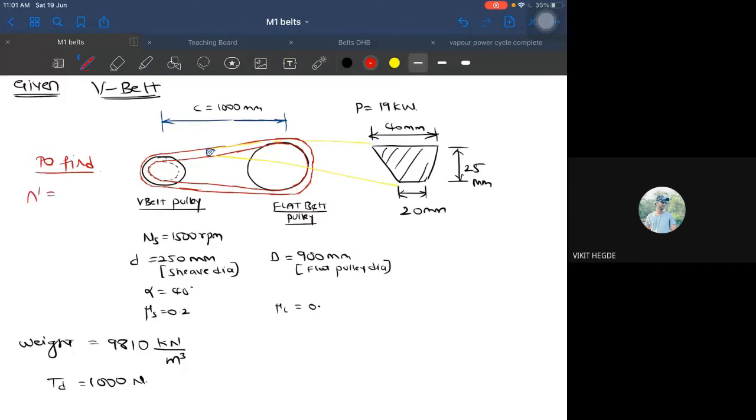Just by looking at the data, can you specify the first few steps that I have to do? Later on, we will look into the complications of this flat belt involved in this particular problem. Nothing changes, only the value of theta, where you calculate, there you should be very careful about it. That's it.